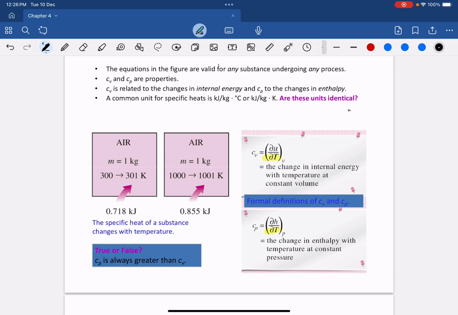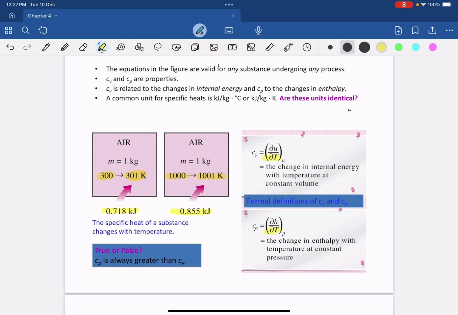range, right? If we want to increase from 300 to 301, it only requires 0.71 kilojoule for air. But if the temperature now changes from 1000 to 1001 Kelvin, it requires more energy. So the specific heat of a substance changes with the temperature range. The higher the temperature range, the more energy required to increase 1 degree.